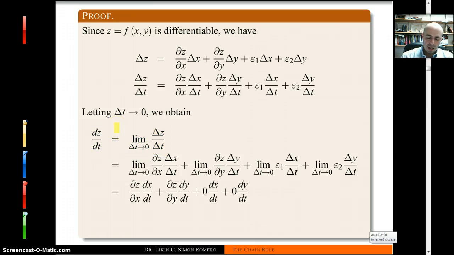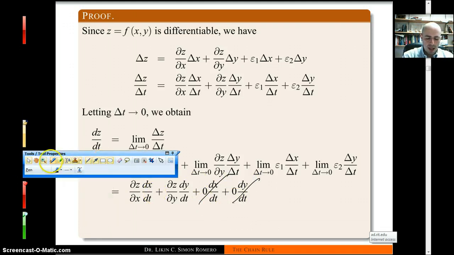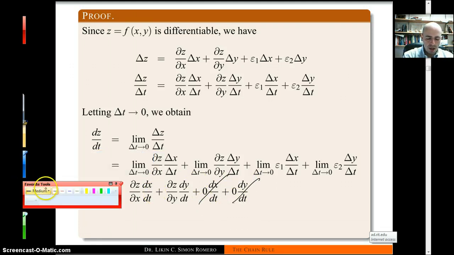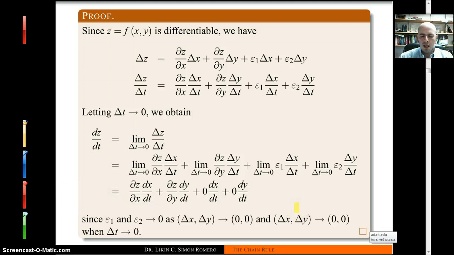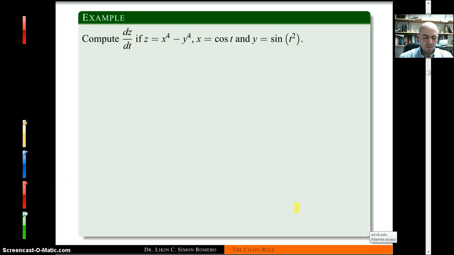The sum of the limits ends up being like this, and notice that this goes to 0, this goes to 0, so we end up with the chain rule that we want. And that happens just because of the definition of differentiability. I don't want to spend too much time on this, so I'm just going to move on to an example.